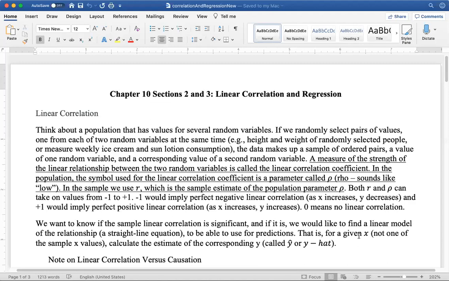Linear correlation: we can think of a population that has several random variables in it. In other words, like a group of people. We could measure one aspect of each person that we select for our sample and a second aspect as well.